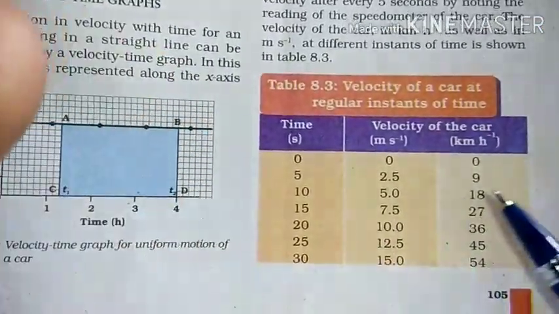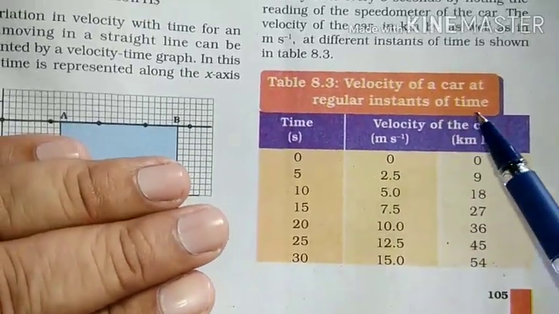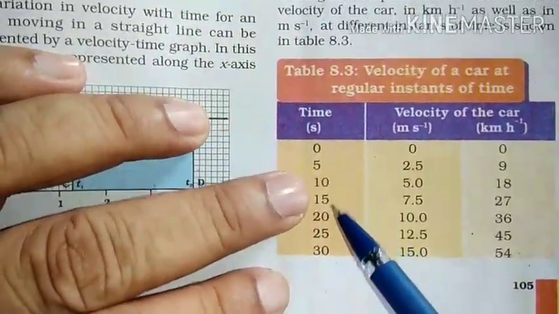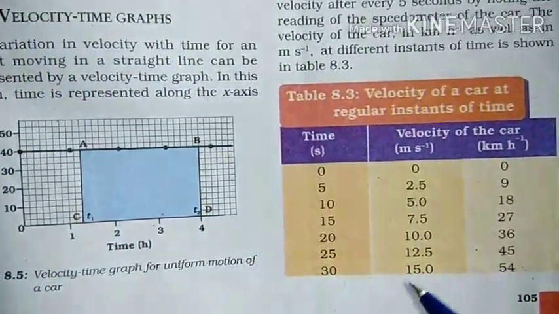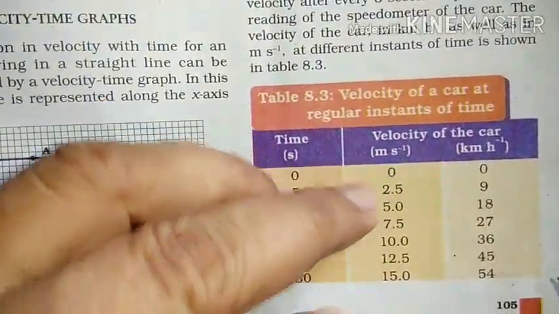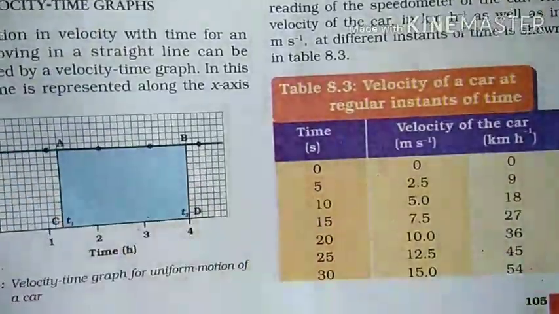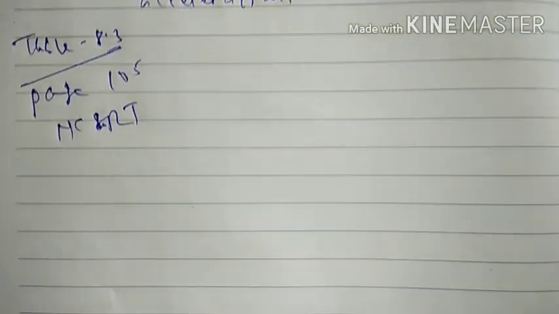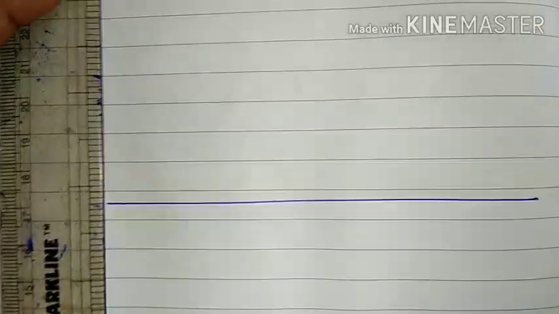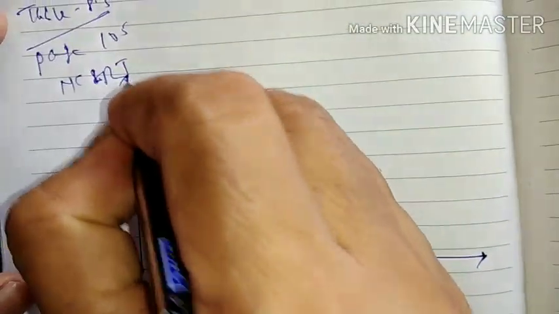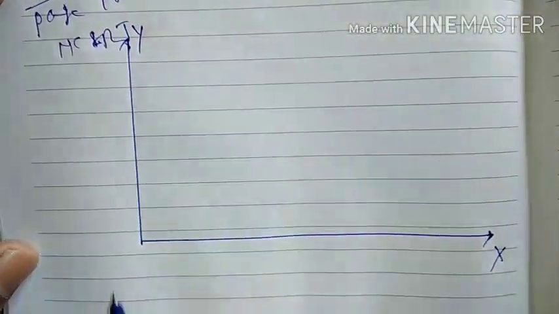To plot the graph of this velocity time graph, we shall take the scale of time on x-axis, and suppose we take velocity in kilometer per hour, then it will be taken on y-axis. This is our x-axis, and this is our y-axis, this is origin.